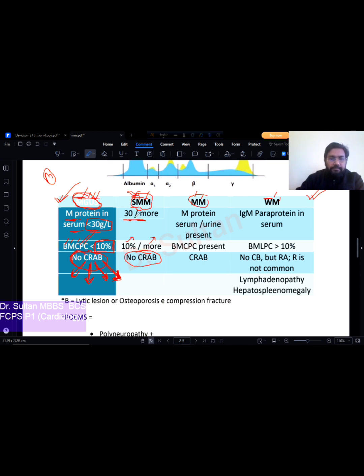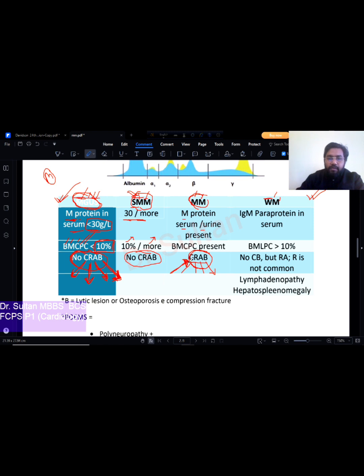Now, in multiple myeloma, there will be M protein or paraprotein in the serum or urine, bone marrow clonal plasma cells will be present, and there will be features of CRAB. The CRAB is called the target organ impairment.